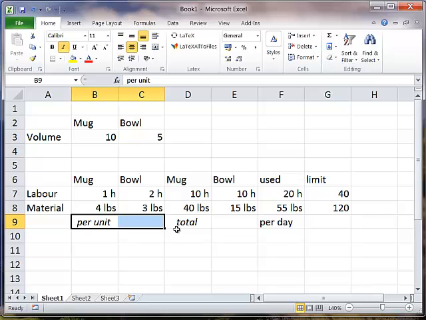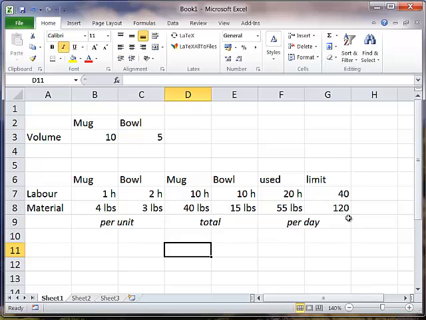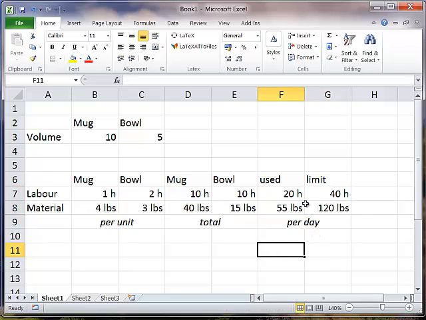So let me just center these 3 things. As we see, we have some slack there, so 20 hours of time slack and 65 pounds of clay slack. Of course, this might vanish when we actually find the correct volume.